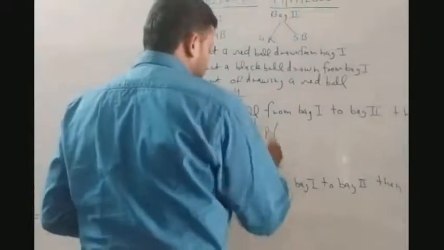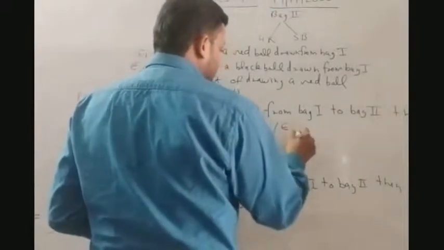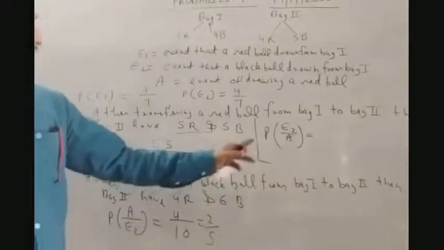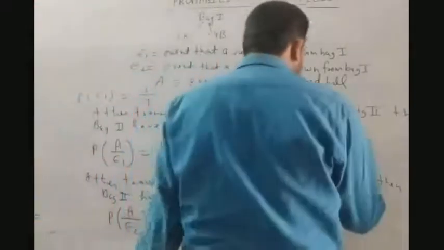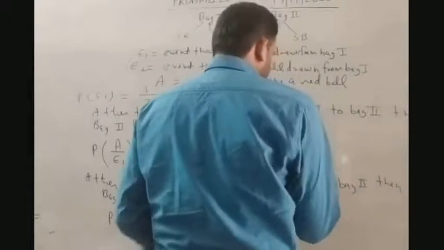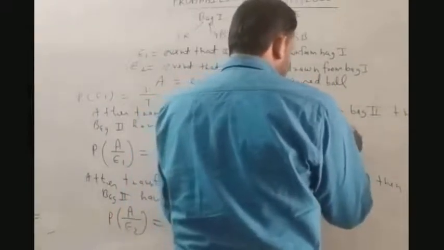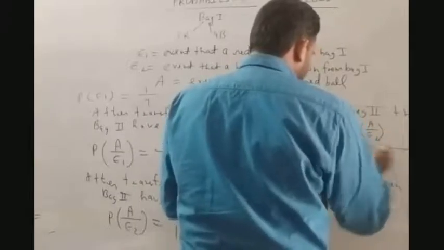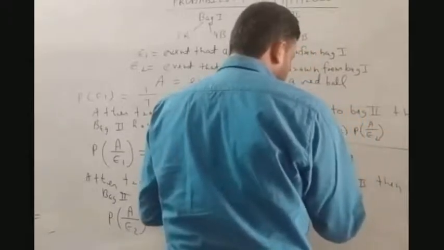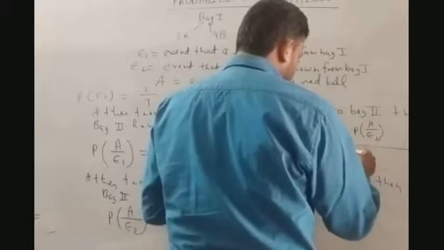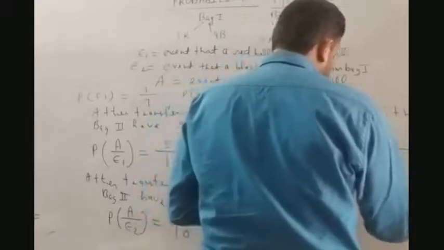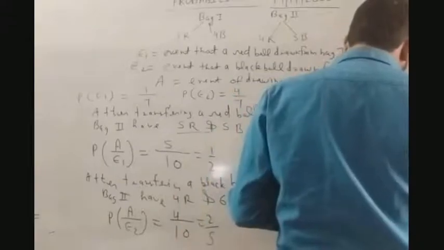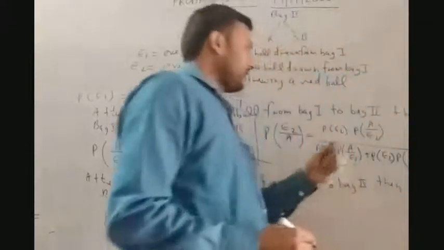So we will find the probability of E2 given A. The probability of E2 given A will be the probability of E2 into the probability of A given E2, divided by the probability of E1 into the probability of A given E1, plus the probability of E2 into the probability of A given E2.